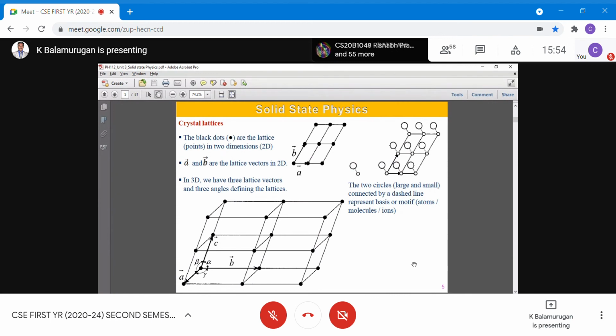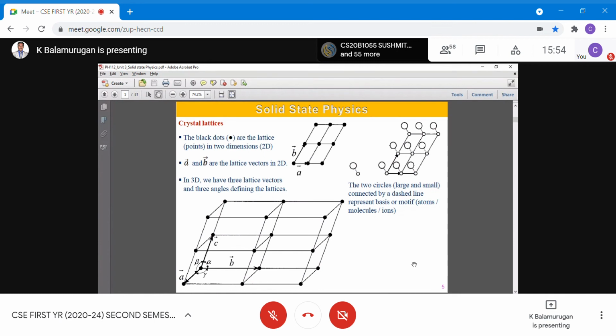In some cases you need to place the molecule right at the center of the lattice point. Sometimes you have to place the molecule or atoms slightly shifted to the right side or left side, or in some random direction, at a particular angle. But it should be maintained for all the lattice points. So that constitutes the crystal structure.